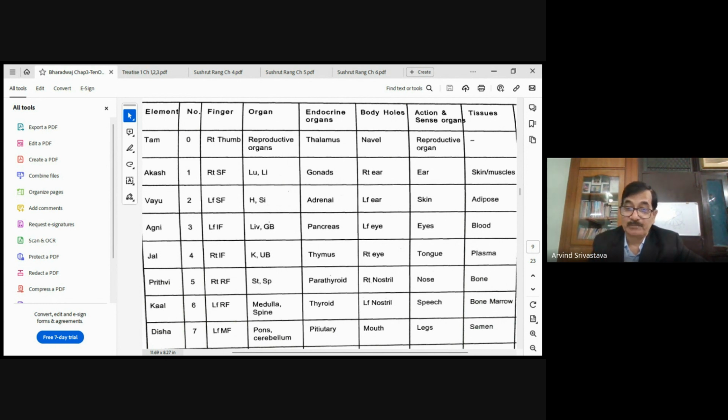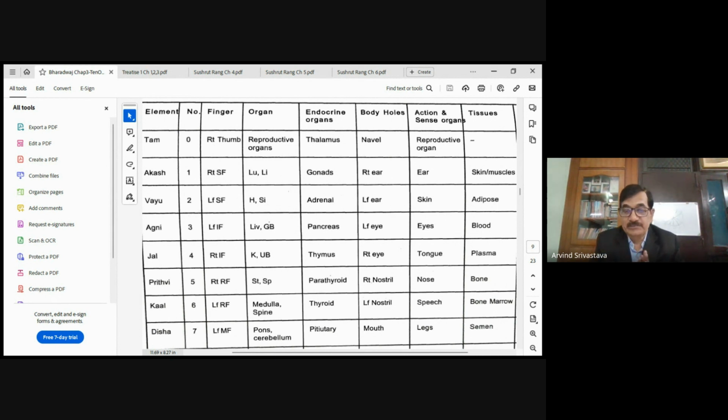Fire is also involved in the metabolism of the body, because it is digesting nutrients. The pancreas releases enzymes and all that, without which we cannot digest anything. So pancreas is compared with Agni and has been kept on finger number three, the Pitta joint.